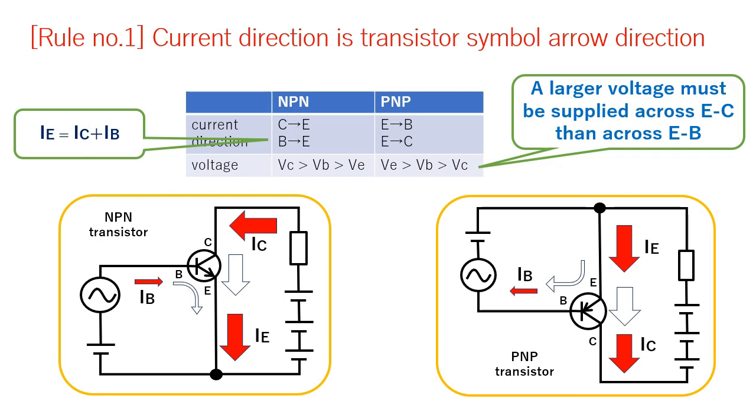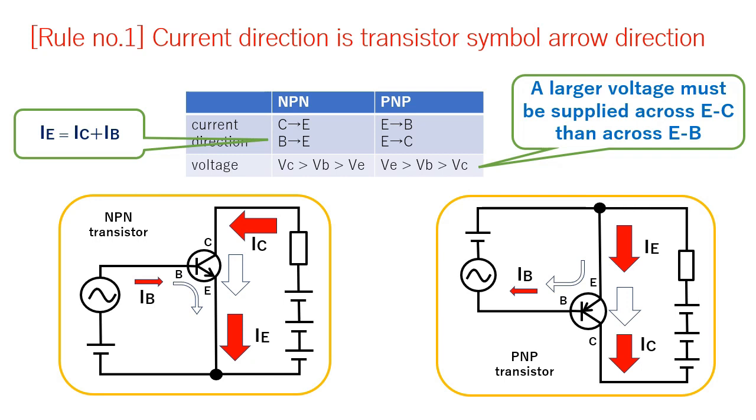The current through the transistor should flow in the direction of the arrow on the schematic symbol of the transistor. If this connection is wrong, the transistor doesn't work. Remember that in an NPN transistor, current flows from the base toward the emitter and from the collector toward the emitter.